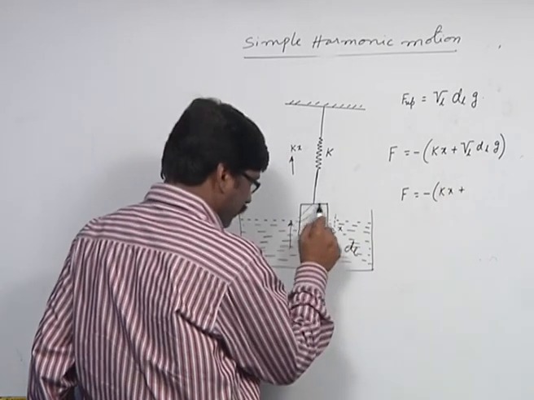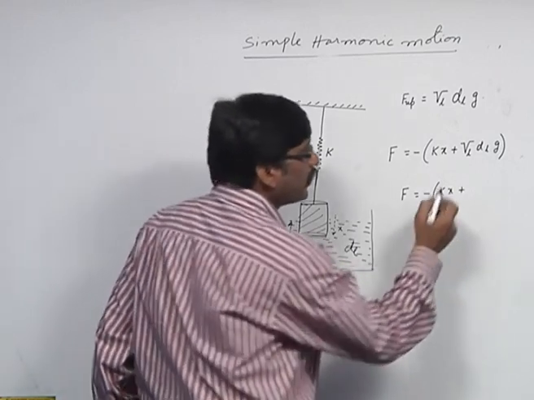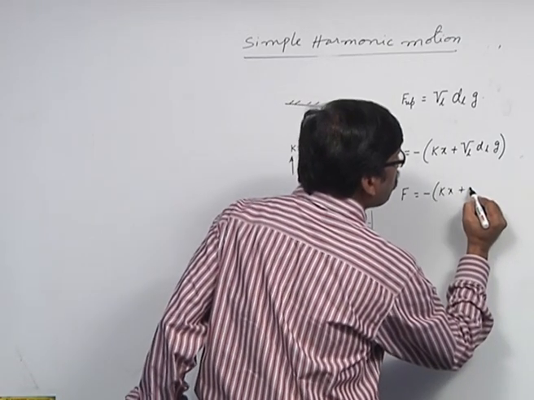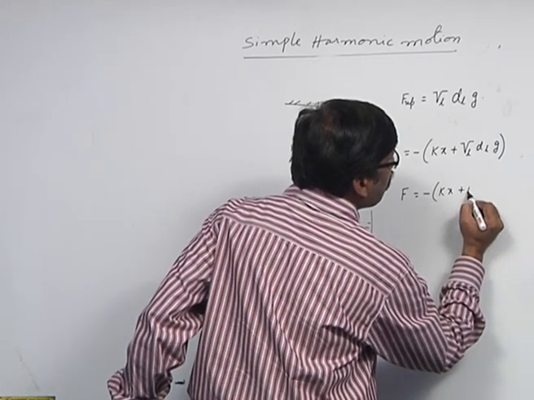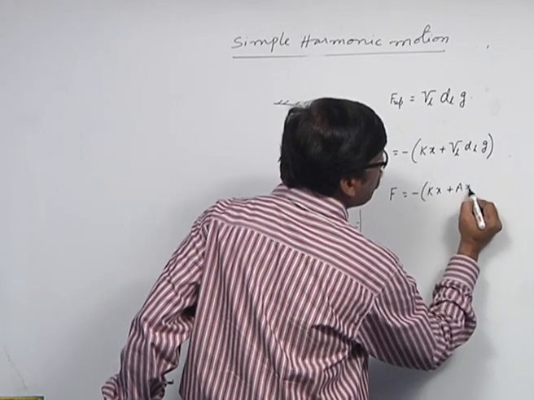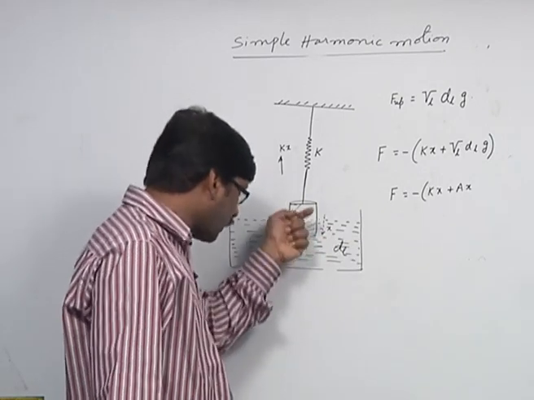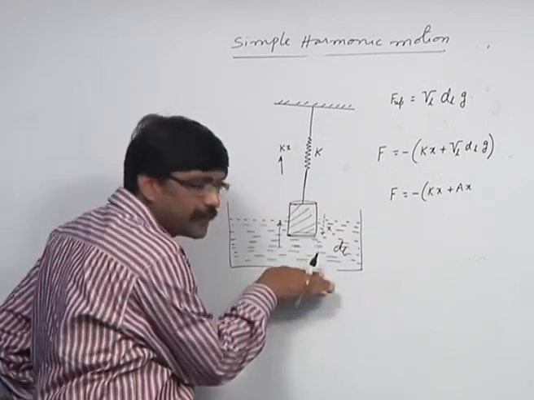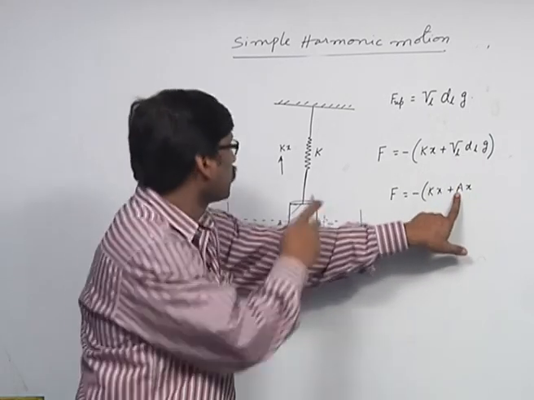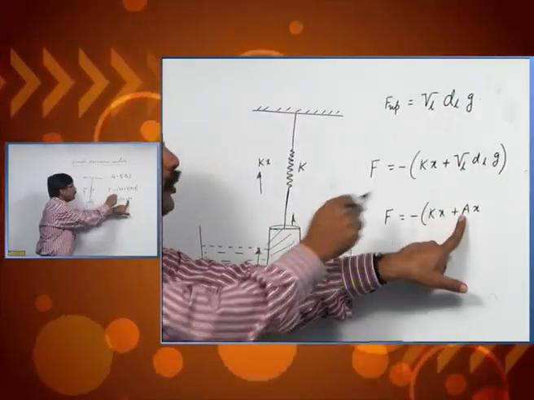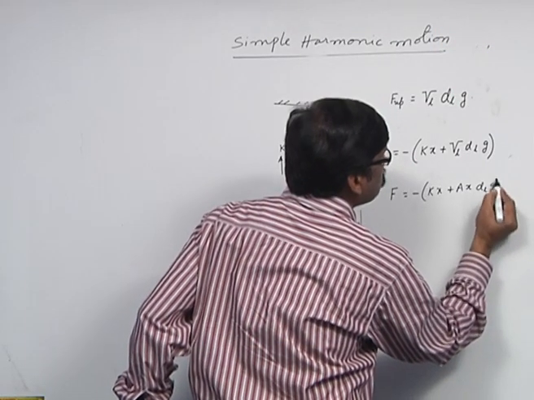Let us say if it is of cylindrical shape, the extra upthrust is area of cross section into x. Whenever it is compressed by x, the extra upthrust has volume A x, so the extra upthrust is area of cross section of the cylinder into x into d_L g.